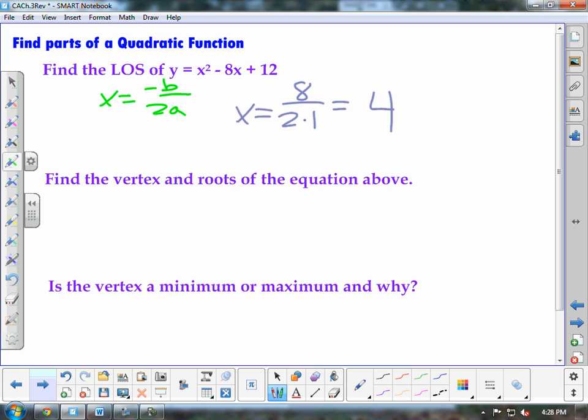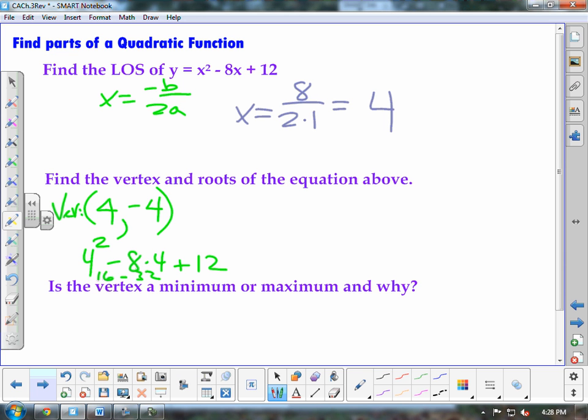Finding the vertex then, we know the x value is 4. Substituting 4 into the equation would be 4 squared minus 8 times 4 plus 12. And that is 16 minus 32 is negative 16, plus 12 is negative 4. And so then this is the vertex.